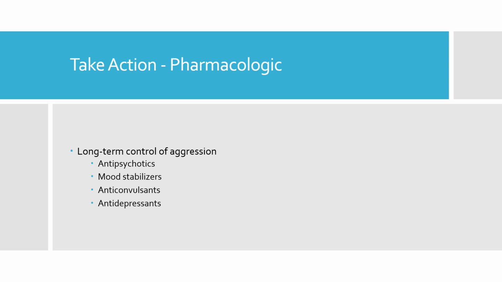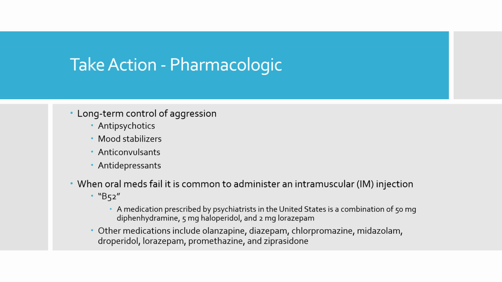Healthcare providers should use the smallest dose possible to achieve the desired effect quickly, but not cause any harm to our patient. When oral meds fail, it's common to administer an IM injection. That's just going to get in there a lot quicker. Some of those medications you can see listed there.